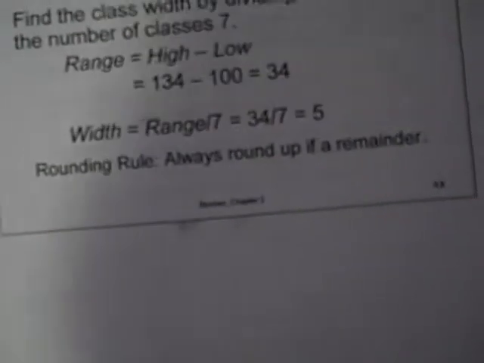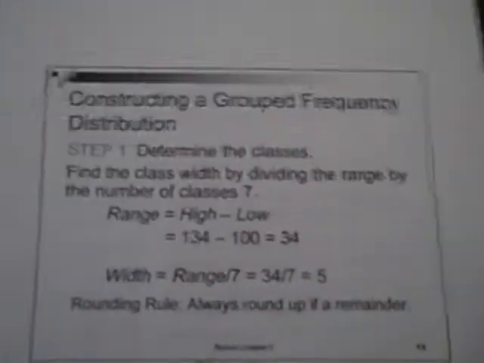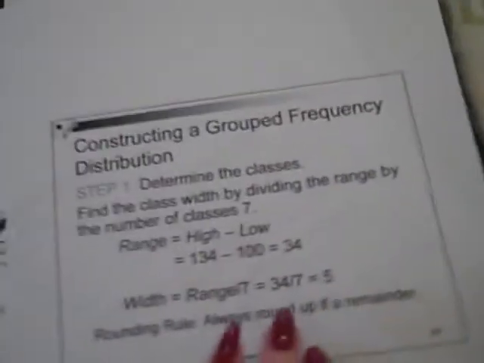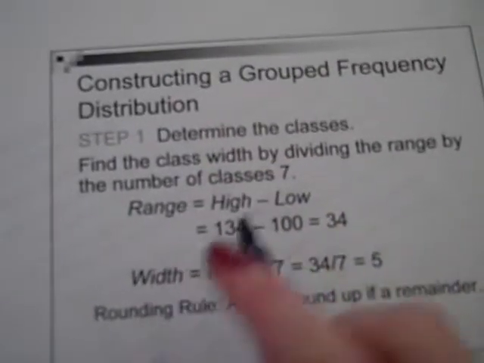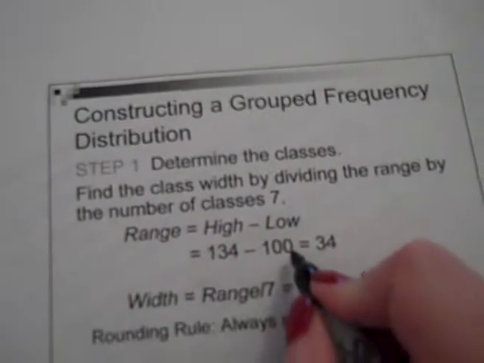Okay, so if I had a set of data and the highest number is 134 and the lowest number is 100, I would subtract the two and have the range as 34.